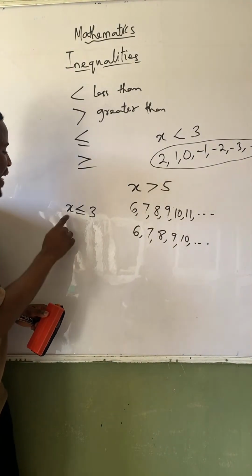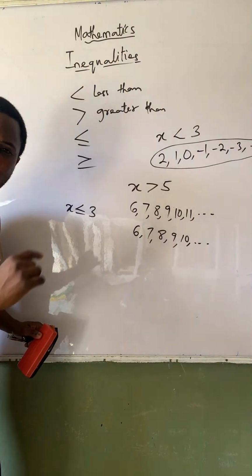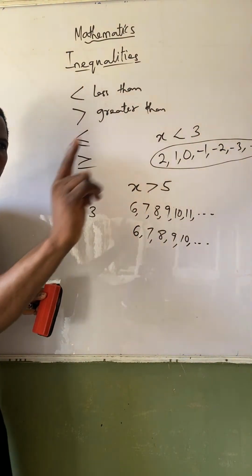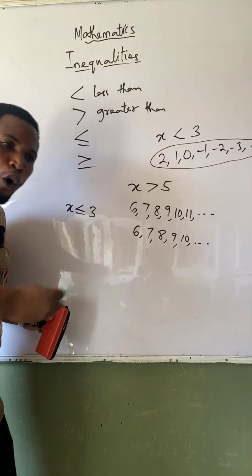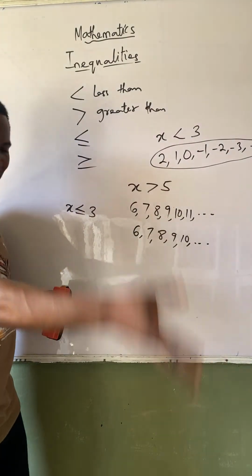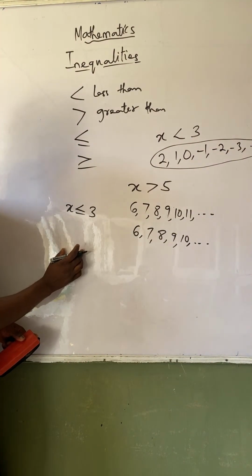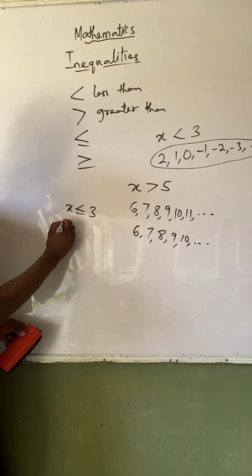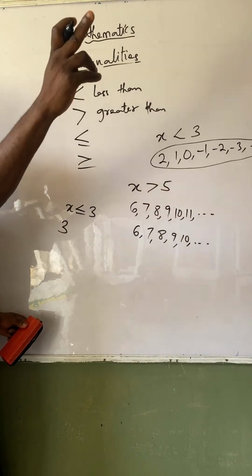So now if I'm talking about x is less than or equal to 3, that means 3 must be inclusive. If x is not less than 3, it will be up to it. It will be equal. That is, x can be 3 as well. So if I'm writing these values, I'm going to involve 3. Then don't forget, x can be less or equal to it.